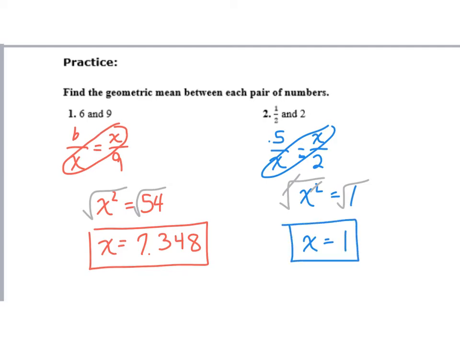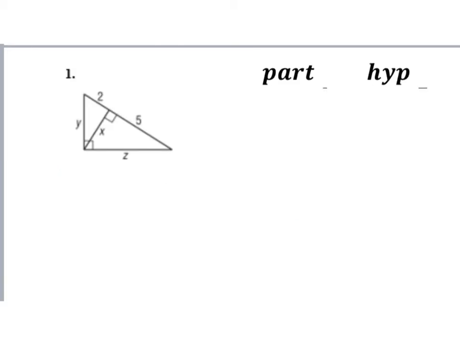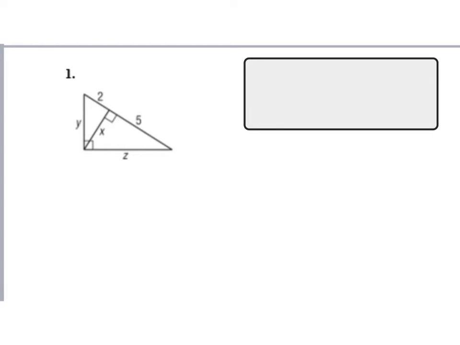Okay. All right, let's practice our theorems. So what if I look at this first example here, I need to find x, y, and z. If I start with x, x is an altitude. Okay, so then I'm just going to remind myself I had the little formula that said the altitude was the geometric mean of the parts of the hypotenuse.